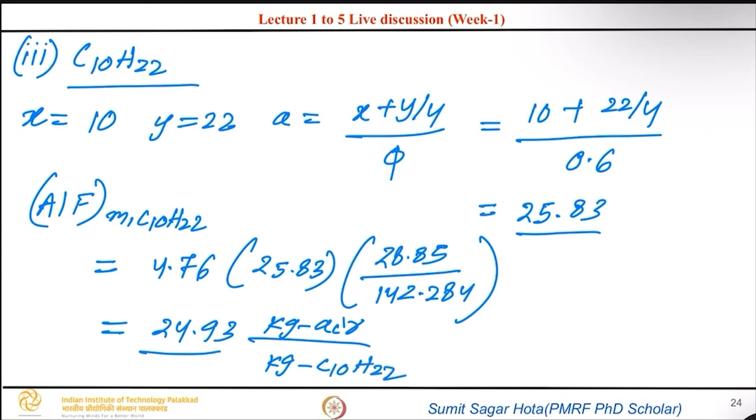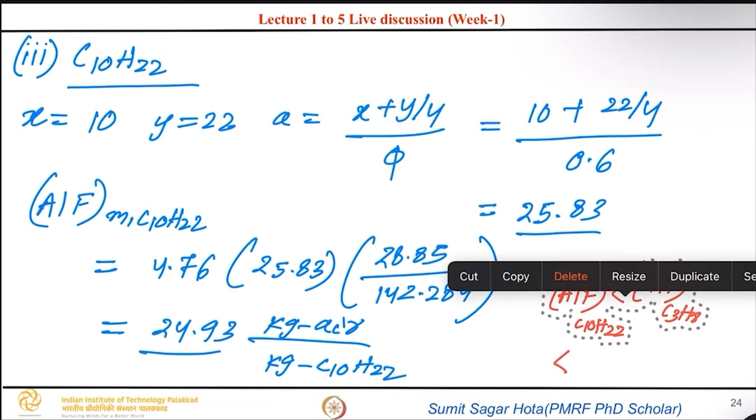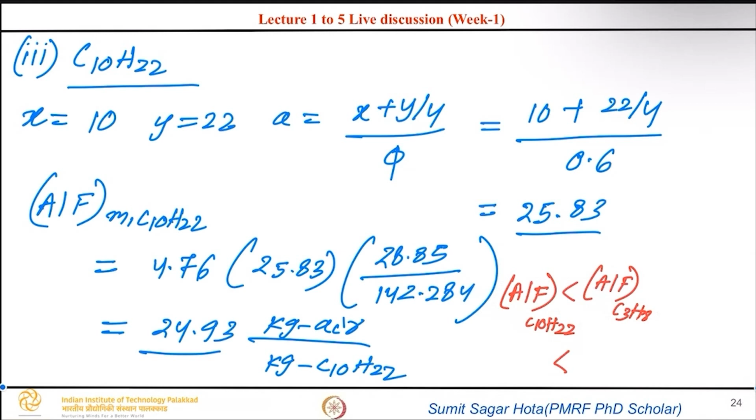So what we observe here is that the air fuel ratio of C10H22 is less than the air fuel ratio of C3H8, which is also less than the air fuel ratio of CH4.